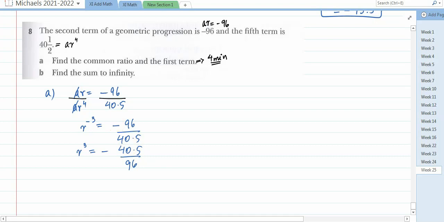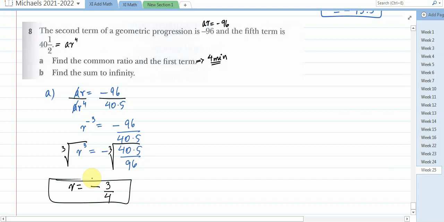We need to find the value of r only, so I need to apply the cube root on both sides. So it will be 40.5 divided by 96 under a cube root. The value of r we got is negative 0.75, that means minus 3 divided by 4.